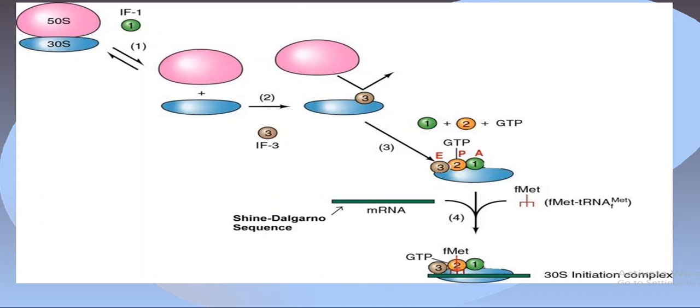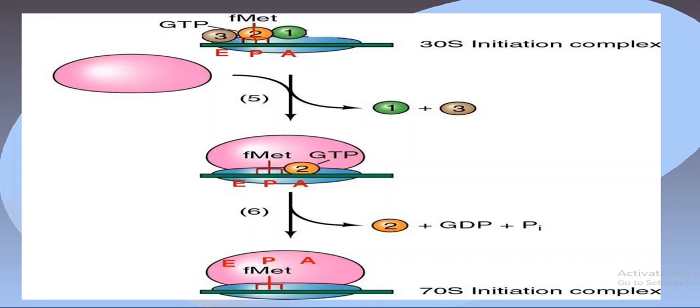Now the pre-initiation complex joins with the larger subunit back again with the help of initiation factor 5, which hydrolyzes the GTP attached to the initiation factor 2, and the released energy is used for bringing the larger subunit towards the pre-initiation complex and makes the larger initiation complex, that is the 70S initiation complex in prokaryotes and the 80S initiation complex in eukaryotes.